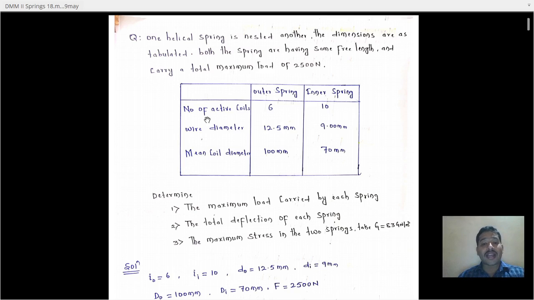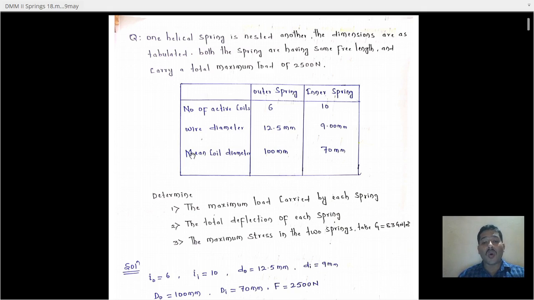The number of active coils of the outer spring is given as 6 and of the inner spring as 10. The wire diameter of the outer spring is given as 12.5 mm and of the inner spring as 9 mm.